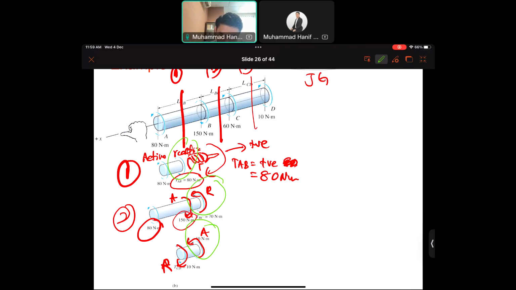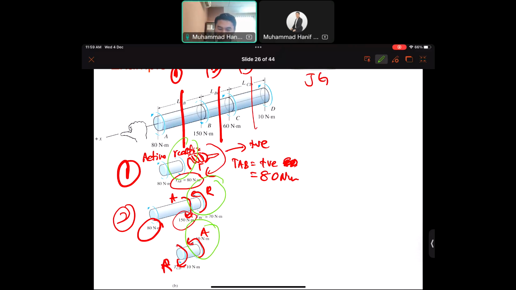This is your thumb, this is your forefinger. The forefinger must follow the direction of the reaction, so the thumb is pointing inward. If the thumb is pointing inward, it means that TBC is negative. As simple as that.